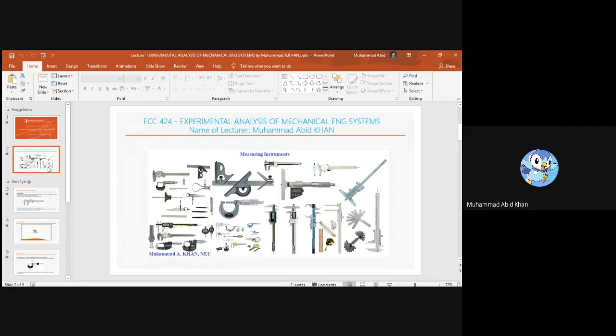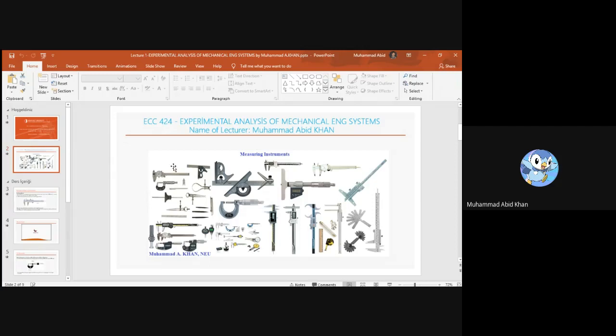Our course is Experimental Analysis of Mechanical Engineering System. In this course, we will try to cover what we can in the summer school, because it is a short period. In this picture you can see measuring instruments.